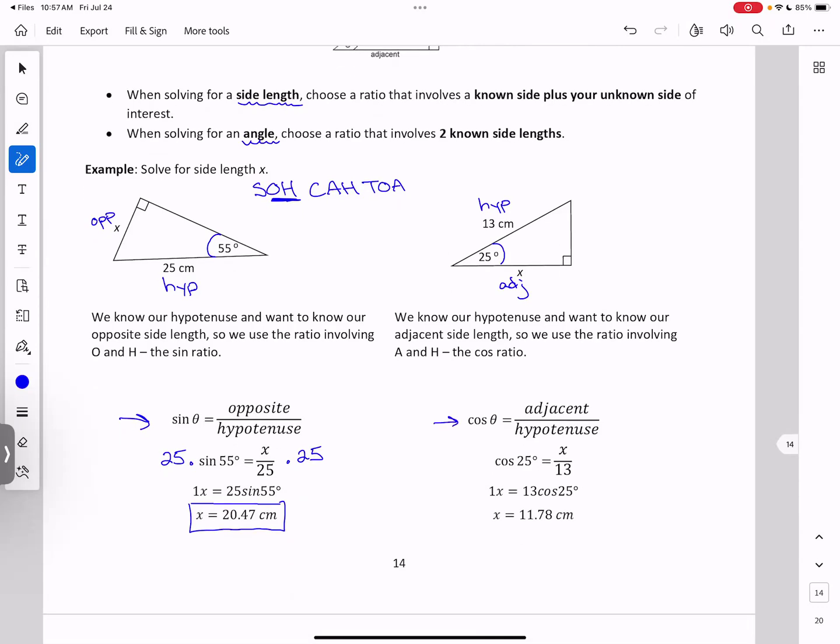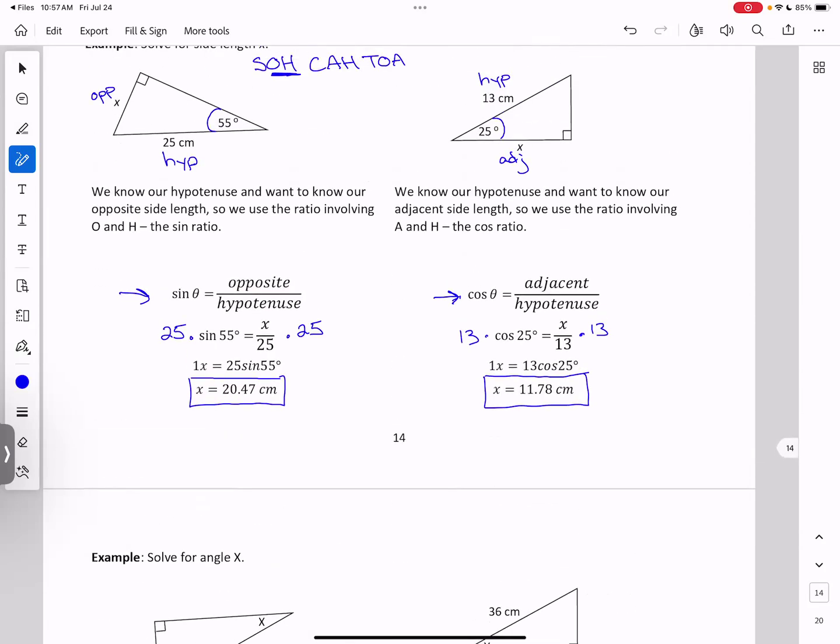So cosine is adjacent over hypotenuse. That means that cosine of our target angle 25 degrees is x over 13. And then we can multiply both sides by 13 to get x is 13 times cos 25. And then using our calculator, we can calculate that out, and we get 11.78.